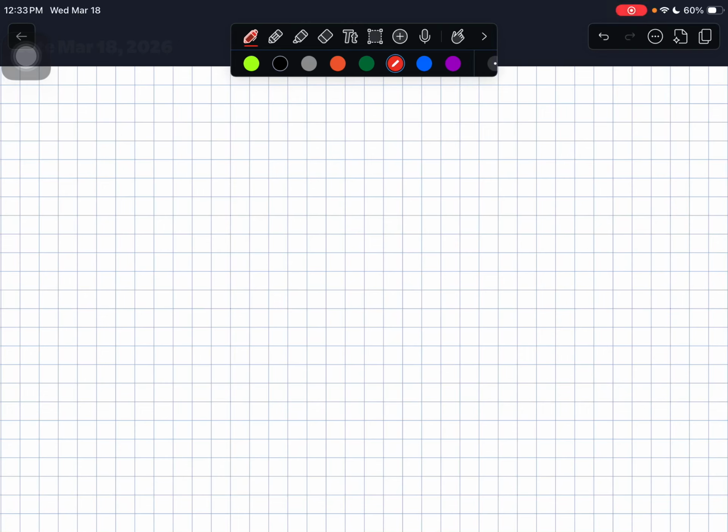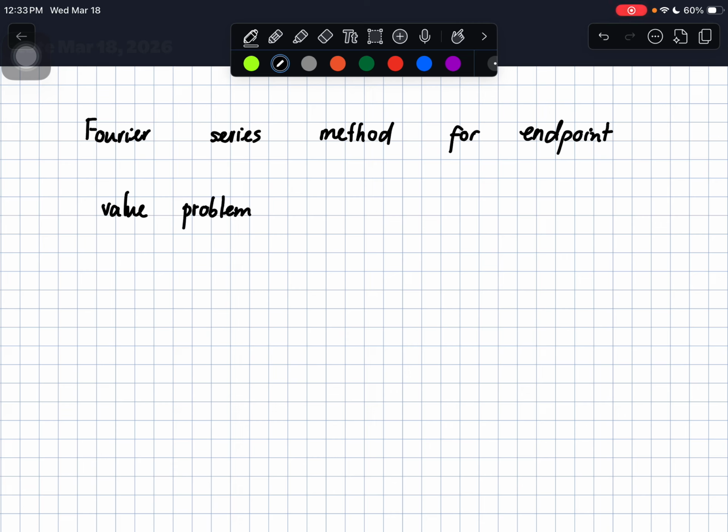We can use Fourier series methods for endpoint value problems. We also call this one a boundary value problem.